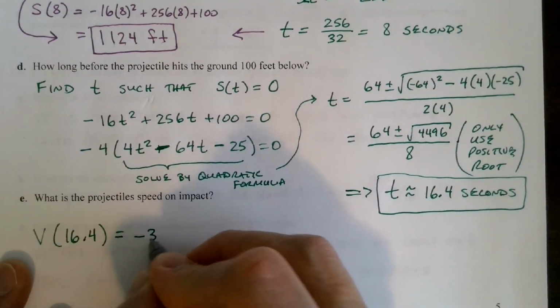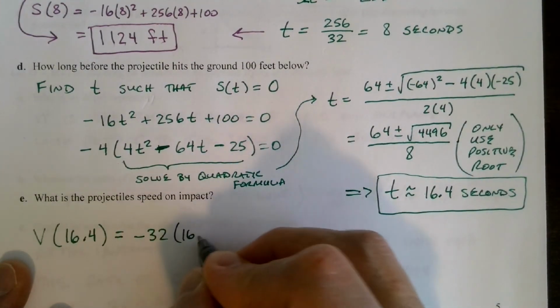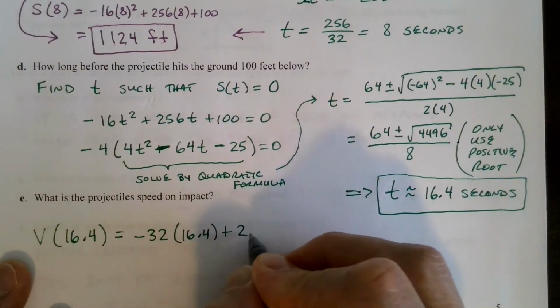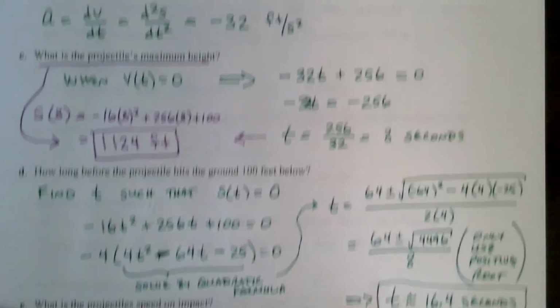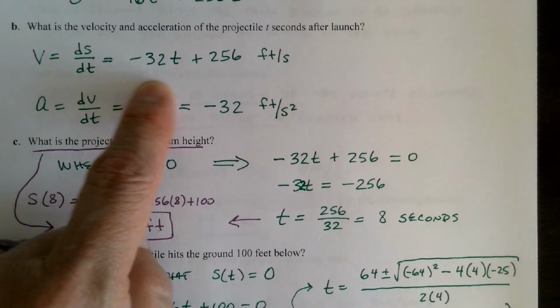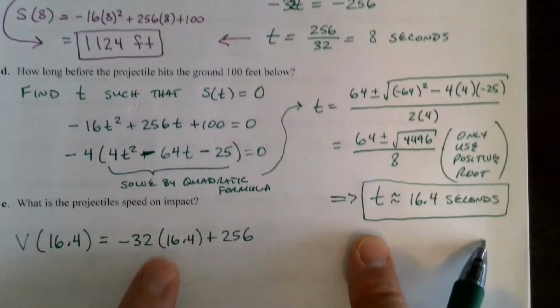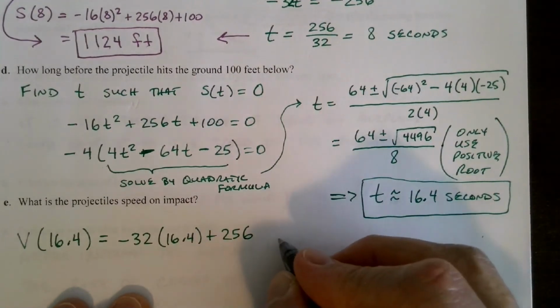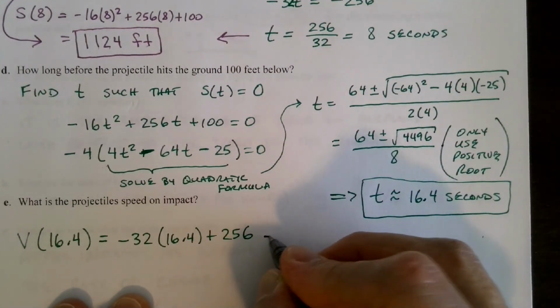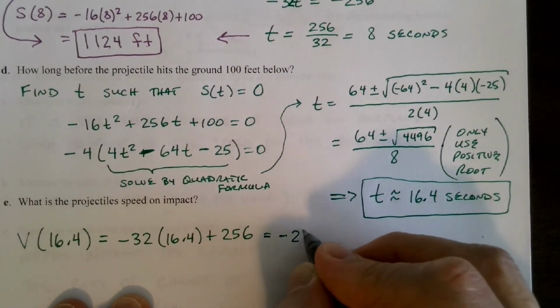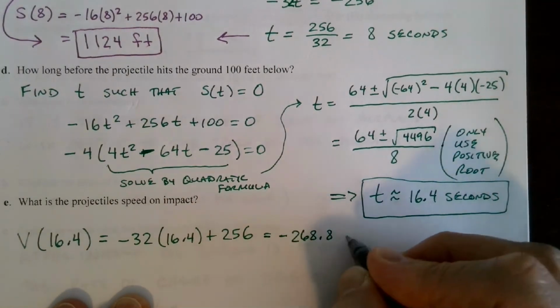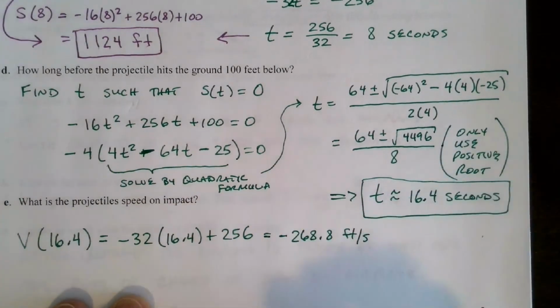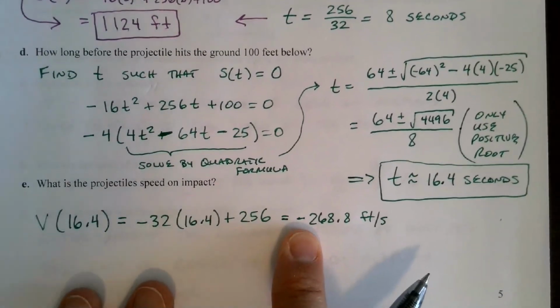So negative 32 times 16.4 plus 256, letting t be equal to 16.4. And if you do that, you get negative 268.8 feet per second.